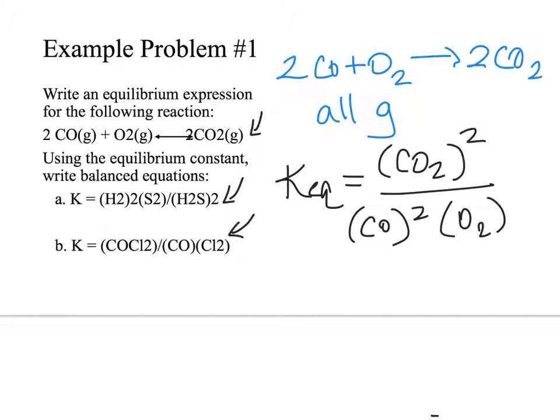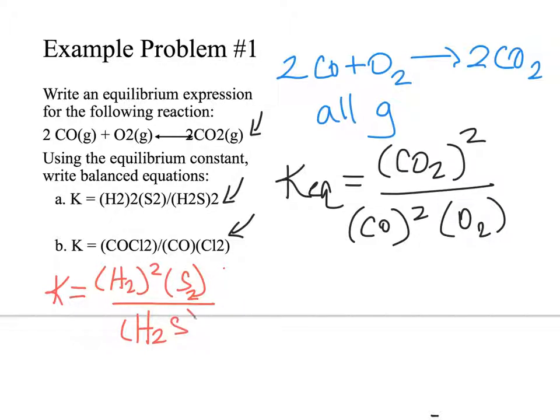In this case, we have the equilibrium constant provided, the formula for it. So in this case, it's H2 squared times S2 over dihydrogen sulfide squared. All right, so in this case, I'm just going to write a balanced reaction. Products over reactants, and the exponent is the mole ratio.